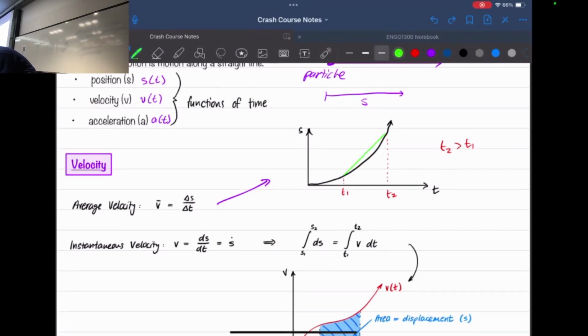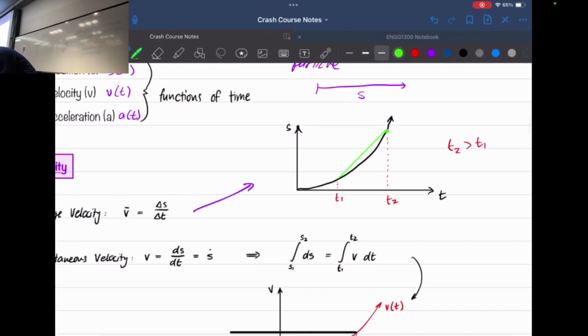This point over here, we can treat it as t2, s2, and this one down here will be t1, s1.